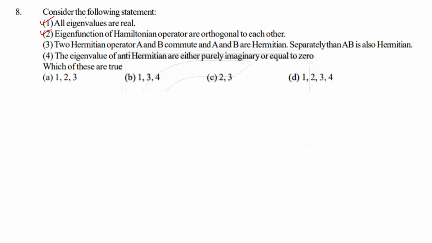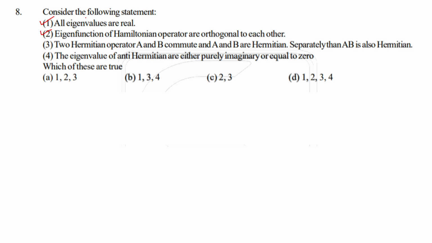We have done the same thing for the particle in a 1D box, for which we got psi 1, psi 2, psi 3, and if you multiply psi 1 and psi 2 and integrate over all space, that is going to be 0 because they are orthogonal. The Hamiltonian operator is the same, but the eigenfunctions are different, and they are orthogonal to each other. That is true for all quantum mechanical systems. So statement 2 is also correct.